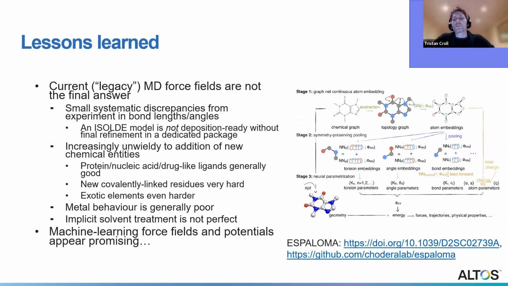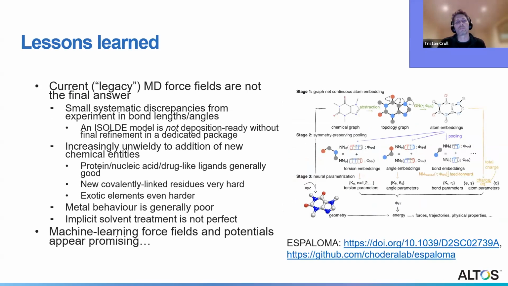The AMBER force field is extremely venerable these days, and is very good, and so is CHARMM in many ways, but they're not the final answer to the problems we have in model building and refinement. There are various reasons for that.